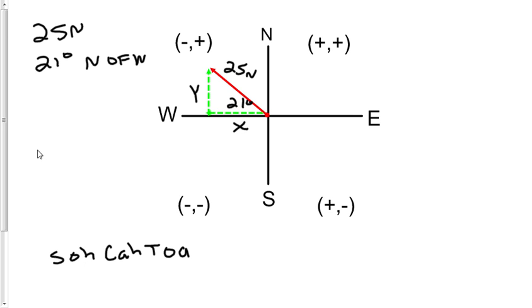In this case, the sine of 21 is equal to y over 25, and y will equal 9.0 newtons. Let's write that next to the y: 9.0 newtons.